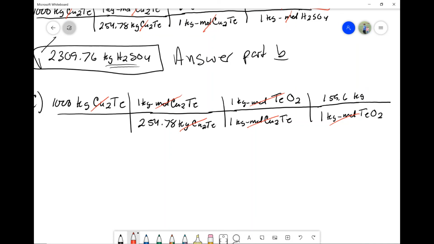I think we're going to get the answer we want, which is the mass of tellurium dioxide. 1,000 divided by 254.78, and there's nothing else really, times 159.6. And I got 626.42. And it's kilograms of tellurium dioxide.